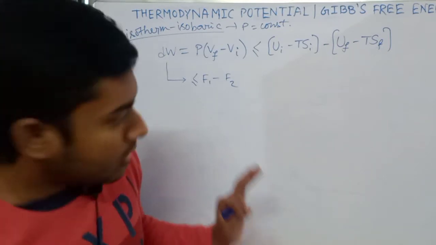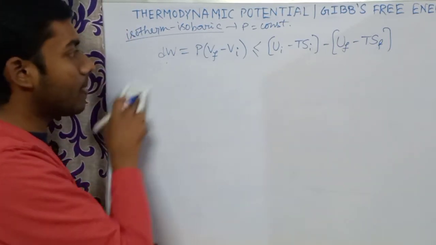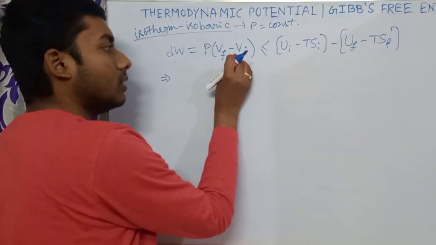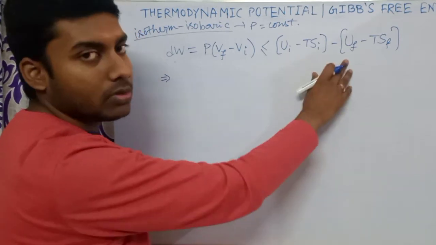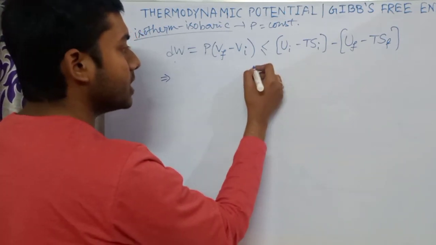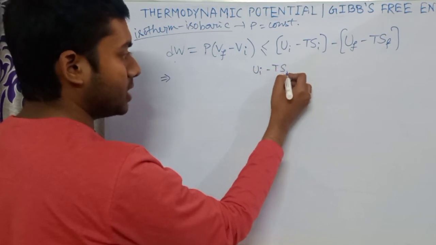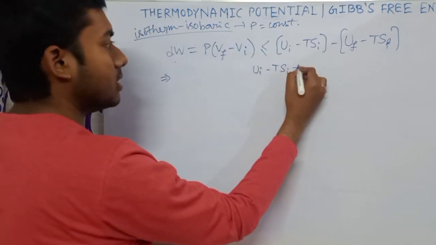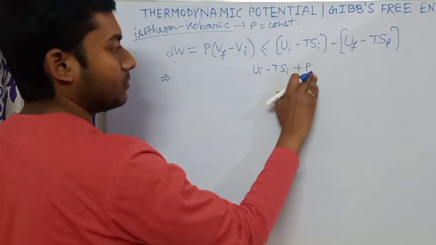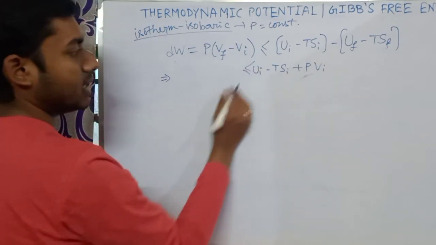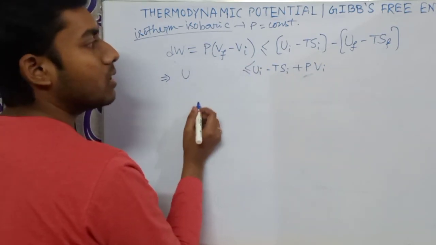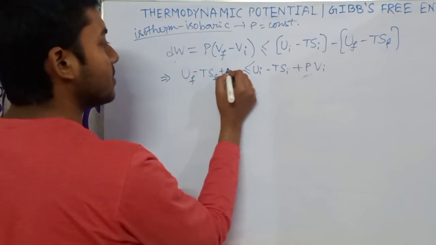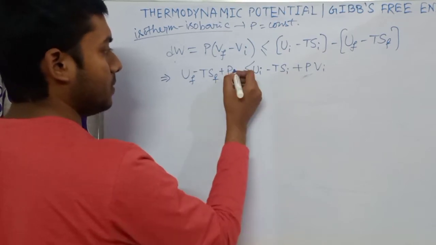Now, rearranging, I can take all the initial states to the right hand side. Then this will be Ui minus TSi, which is basically our Helmholtz free energy, plus PVi, which is less than or equal to Uf minus TSf plus PVf.